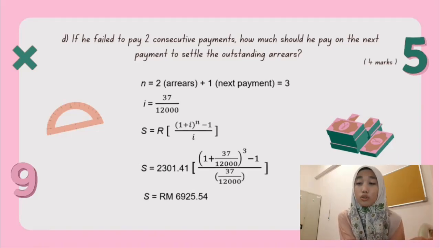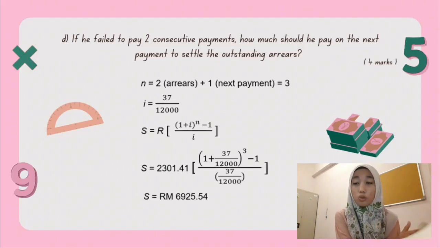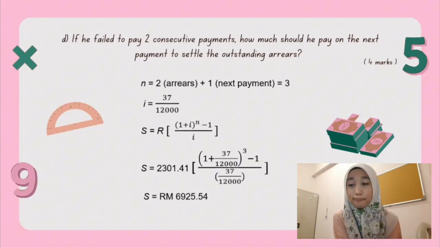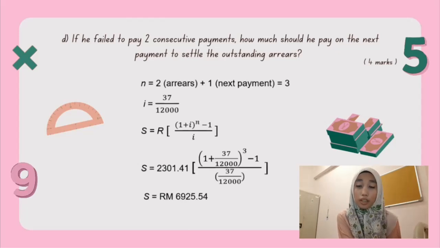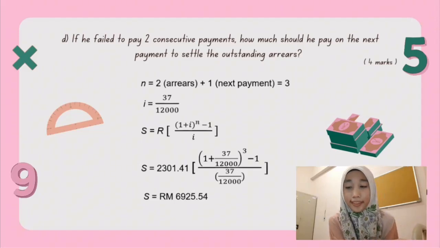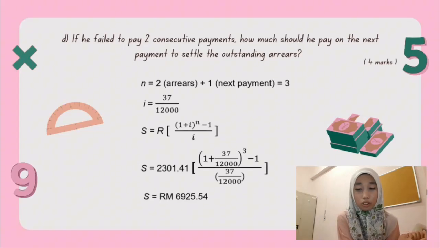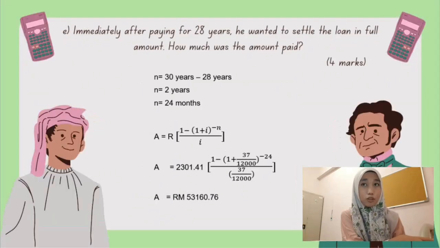The formula that should be used is S equals R bracket 1 plus I to the power of n minus 1 and then divided by I. So S equals 2,301 ringgit and 41 cents, bracket 1 plus 37 over 12,000 to the power of 3 minus 1, divided by 37 over 12,000. And the final answer that I got is 6,925 ringgit 54 cents.